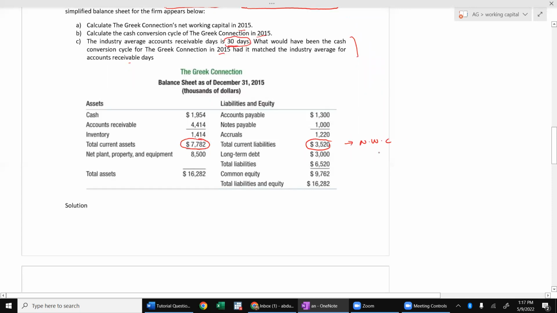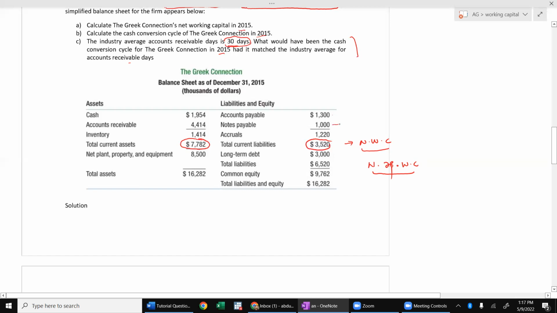But then some people also use another formula. They calculate net operating working capital. In net operating working capital, they exclude those payables where there is interest payment. On accounts payable, we don't need to pay any interest.